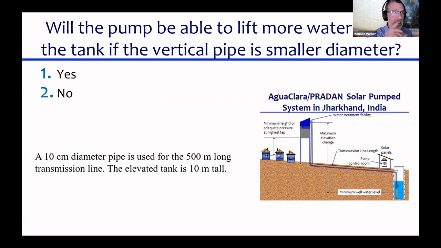Any friction or expansion losses in the pipe also increase the pressure that the pump is experiencing. So if we make the vertical pipe smaller, the head loss in that vertical pipe increases and the pump experiences that as additional pressure that it has to overcome to push the flow through the pipe.